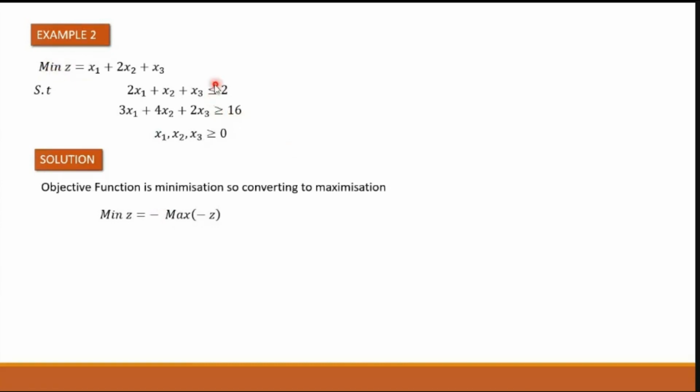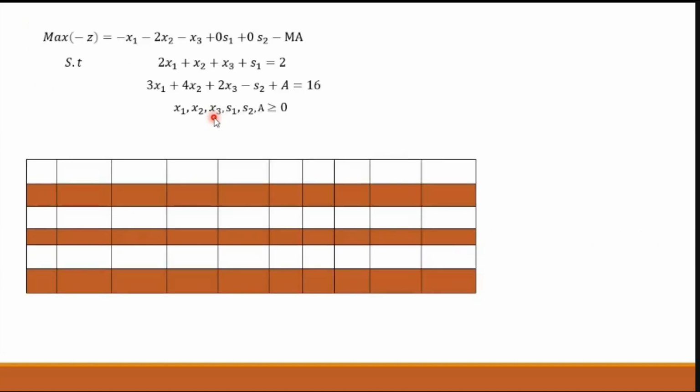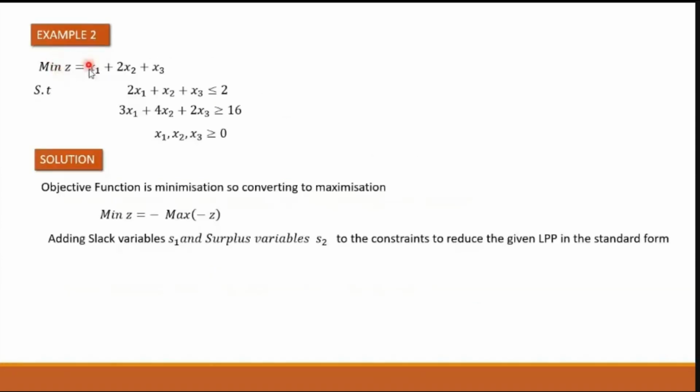फिर यहाँ पे कौन सा वेरिएबल ऐड होगा फर्स्ट कंस्ट्रेंट में? Which variable will be added in the first constraint? Slack variable, that is plus S1. Second is a greater than or equal to constraint, so we have to subtract a surplus variable and add an artificial variable in the second constraint. Okay, so I'll write this equation. पहले हमने जो हमारा minimize function था ना, we had minimize z equal to this. So I am considering maximization of minus z.